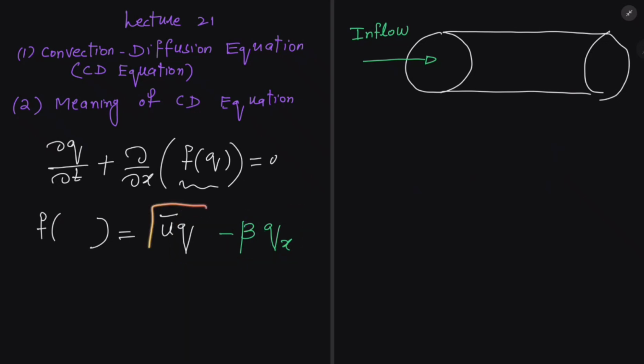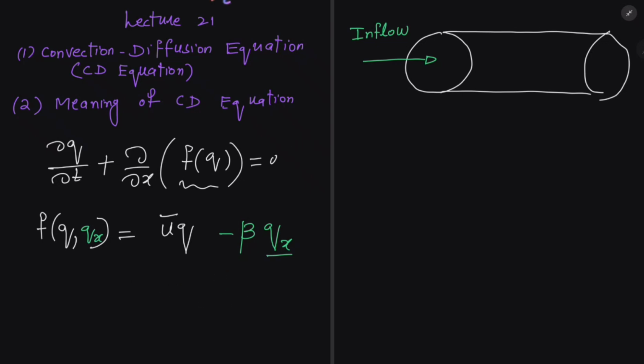Here, this is for the convection equation, when some quantity is transported from one place to another. So it will depend on q and q_x. Remember that q_x is partial q by partial x.